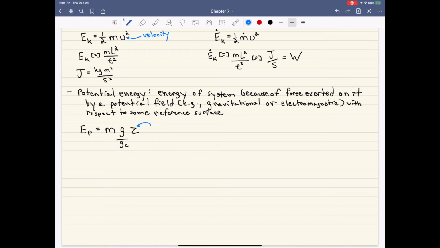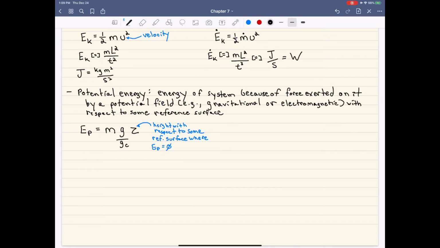And so Z here is height with respect to some reference surface where you consider the potential energy to be equal to 0. Okay?